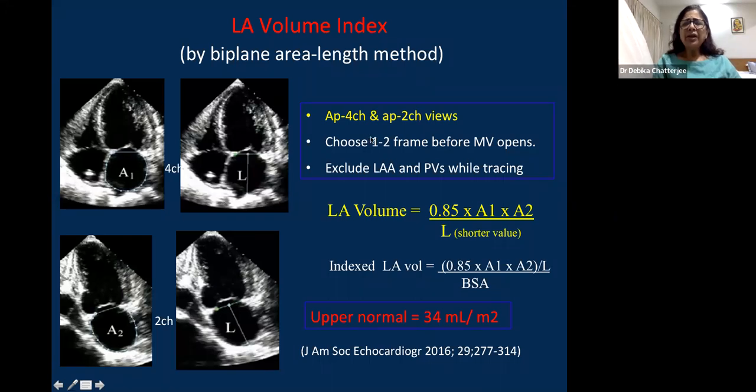Now, in the apical 4 chamber, we freeze the image. Then with the trackball, we choose a frame which is 1 to 2 frames before the mitral valve opens. That means at that time the LA is at its full volume.